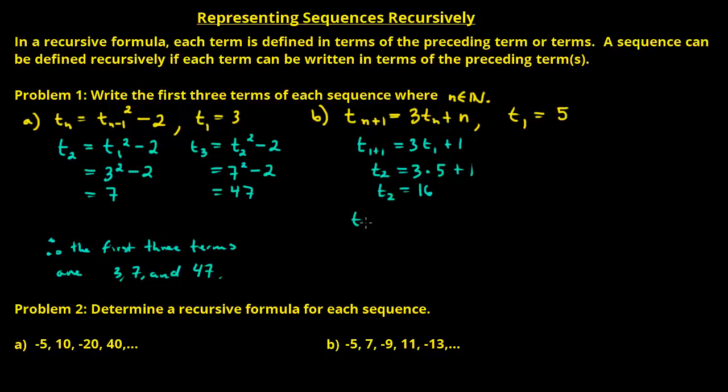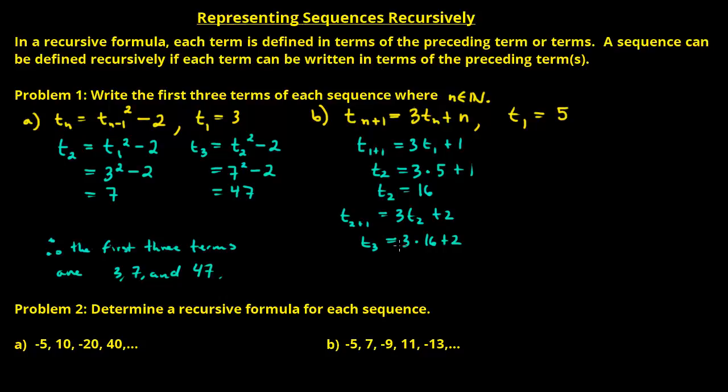And then t sub 3. Well, let's see, what value of n did I put into my equation? Now I know what t sub 2 is, so I can do t sub 2 plus 1 is going to be equal to 3 times t sub 2 plus 2. So I've got t sub 3 is equal to 3 times 16 plus 2.